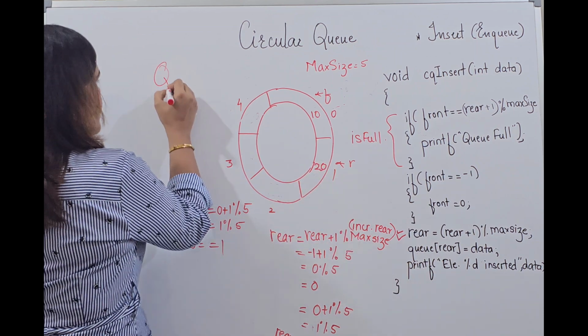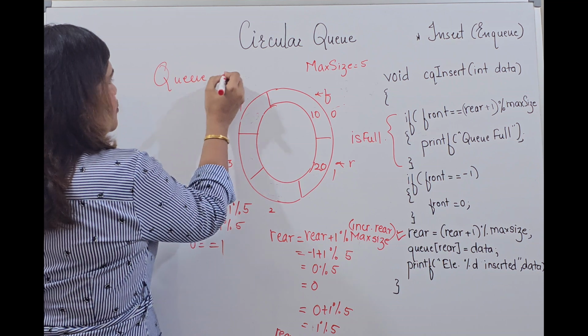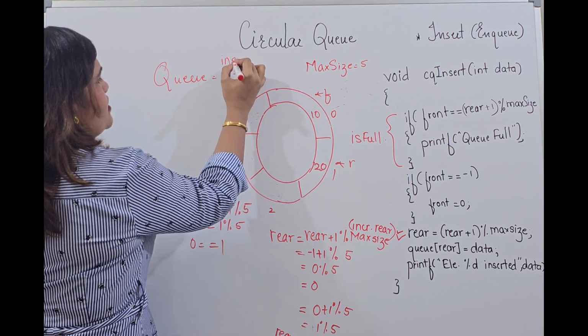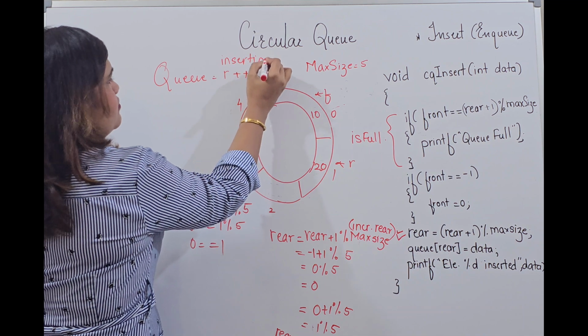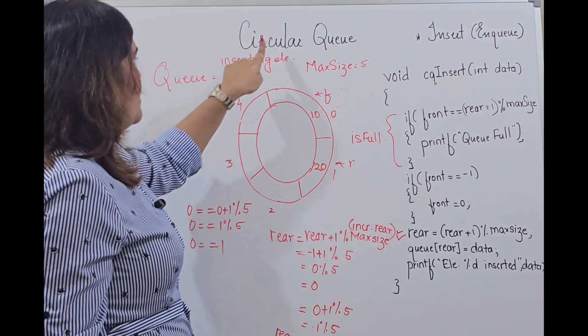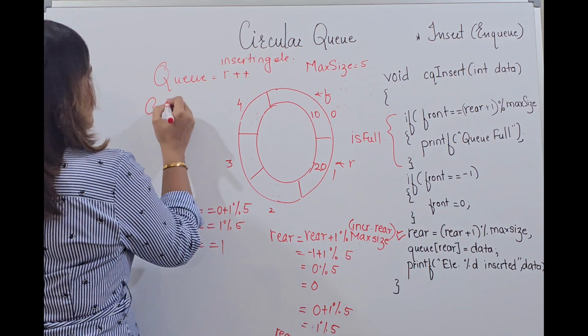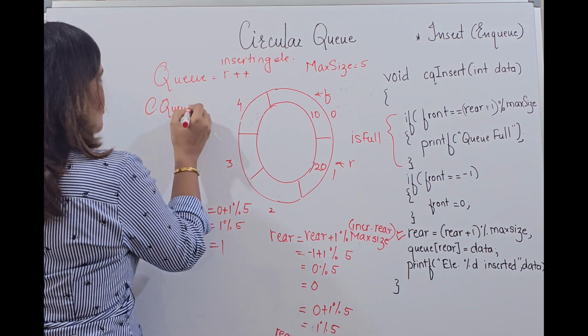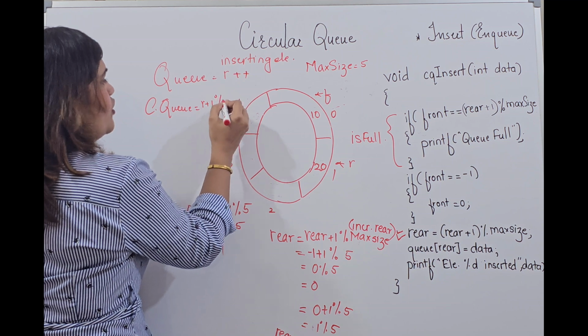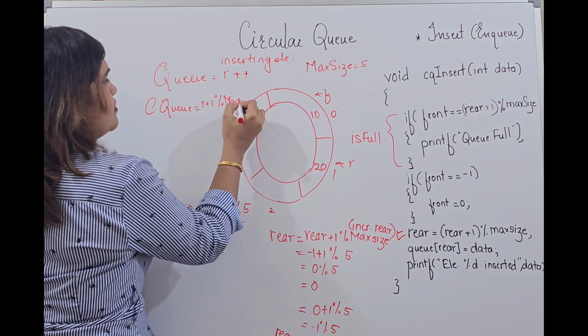Clear? In your queue concept, you do R++ for inserting elements. But in circular queue, you do rear plus 1 mod of max size.